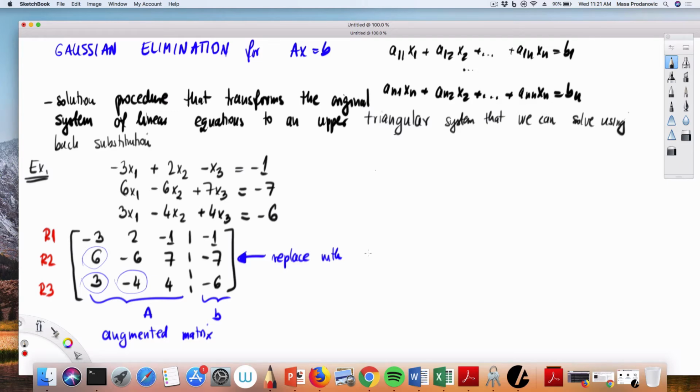So I'm going to say replace this row R2 with 2 times row 1 plus row 2. Okay. And what I can do with the row below is just add them up.